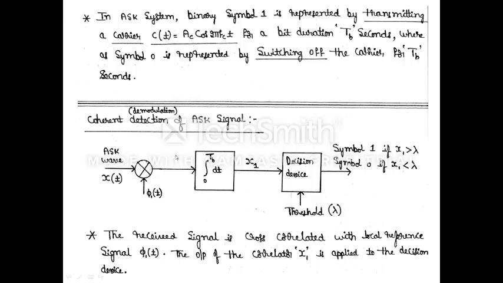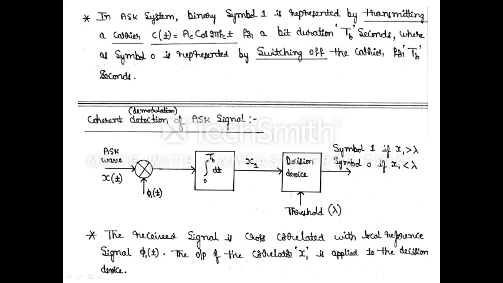The low pass filter acts like an integrator. The integrator will give the DC value that is denoted by x1. This DC value is compared with the threshold DC value. If x1 is greater than the threshold value, we consider the transmitted symbol to be 1. If x1 is less than the threshold value, we consider the transmitted symbol to be 0.